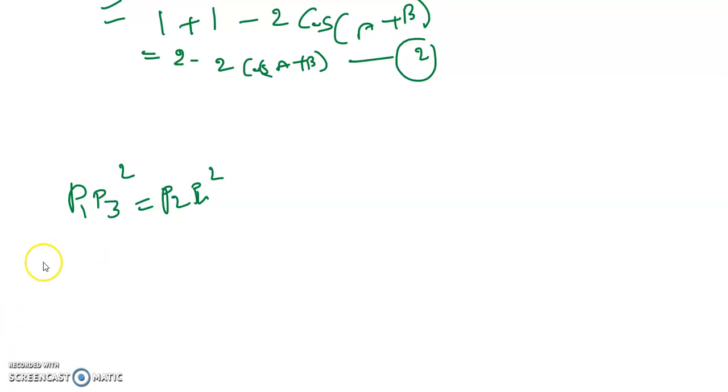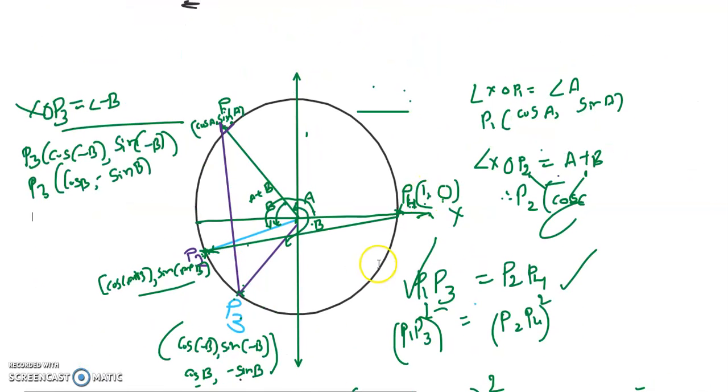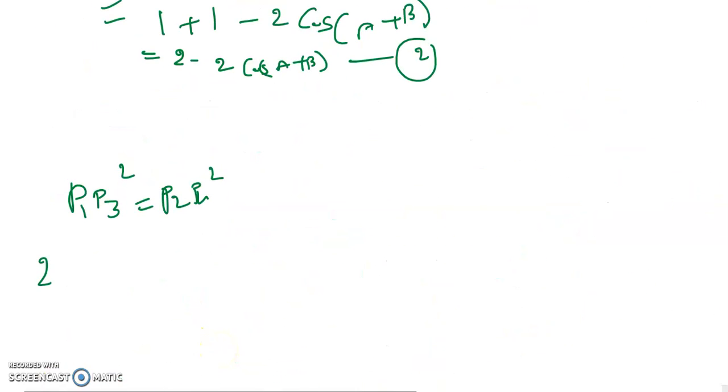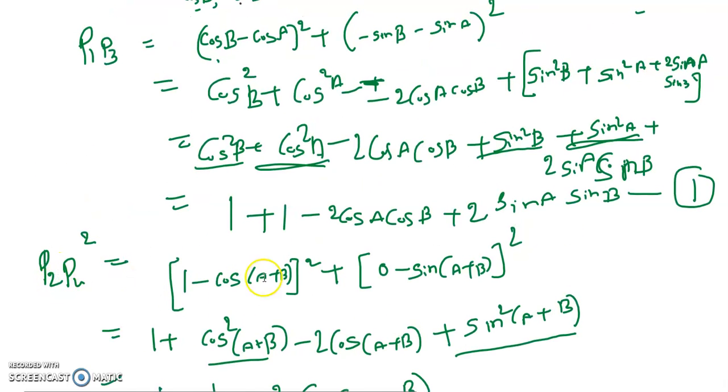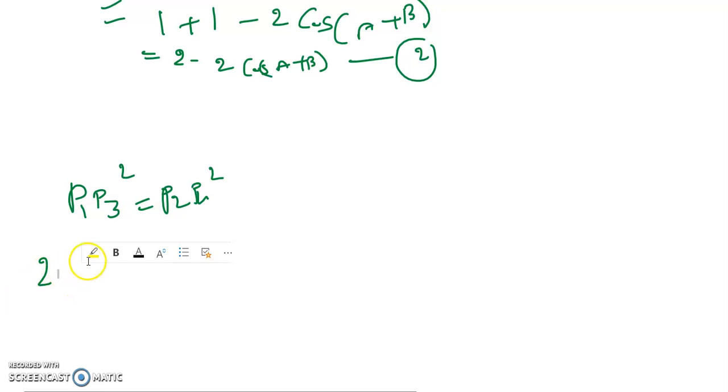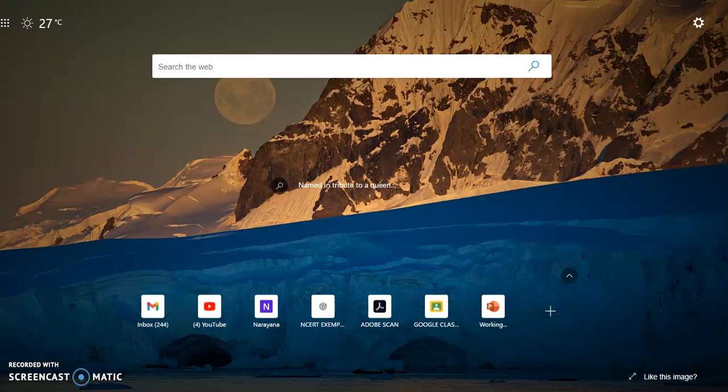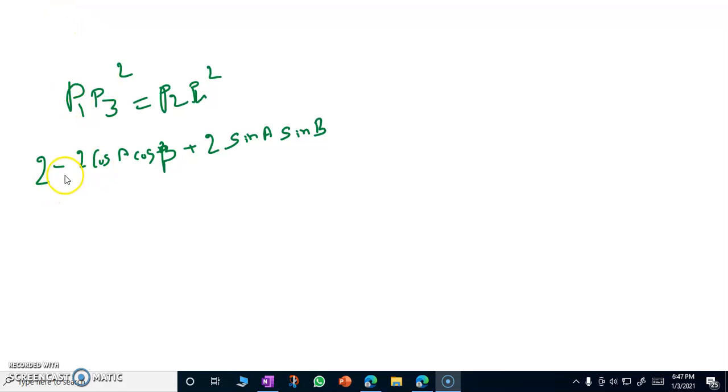What is our P1 P3 square? It is 2 minus 2 cos A cos B plus 2 sin A sin B, which is equal to, what is P2 P4 square?